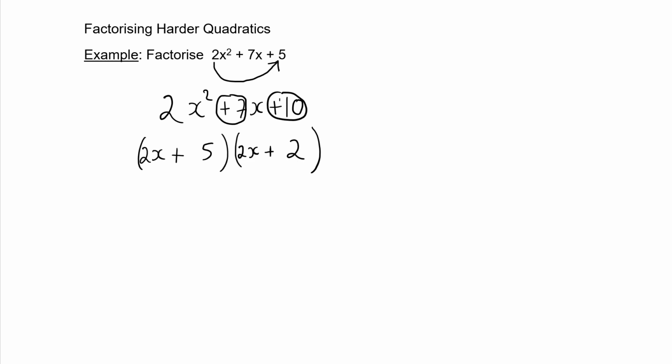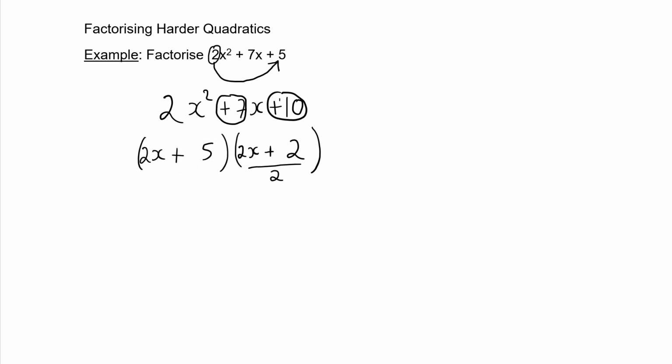We're not quite finished, because at the start of the process we multiplied by 2. We must now divide one of the brackets that we've written down by 2. Looking at the first bracket, we can see that the 5 is not divisible by 2. So we look to the second bracket and we divide this one by 2.